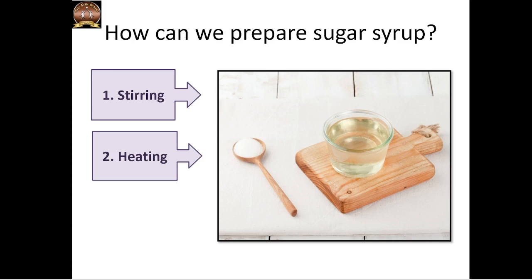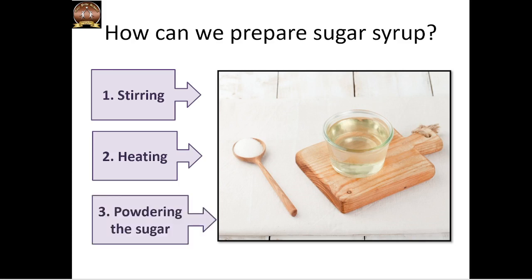Because whenever you change the temperature, if you increase the temperature, more of that solute can dissolve in any given solvent, because heating always increases the solubility of solutes. So heating is a very easy way to prepare a sugar syrup, which you must have seen many times. Powdering the sugar is also another option.